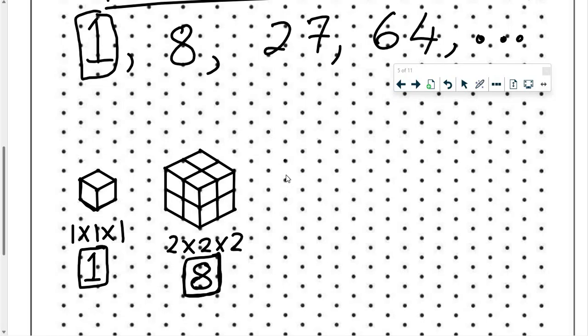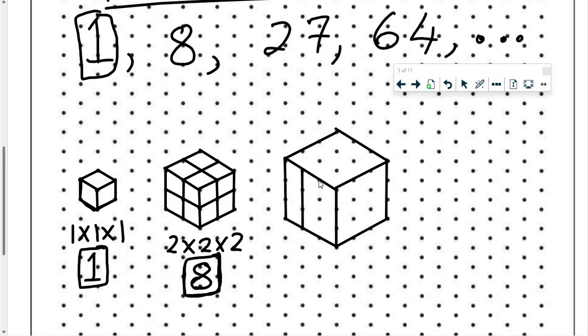So from here, 1, 2, 3, and then you do the same thing along each edge: 1, 2, 3. You have a much bigger cube this time, and then divide it.